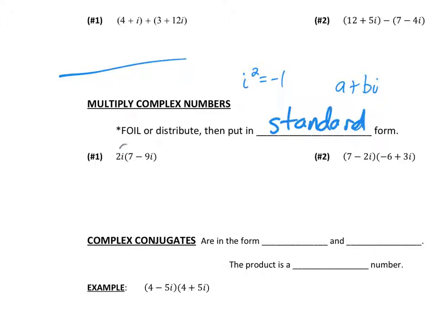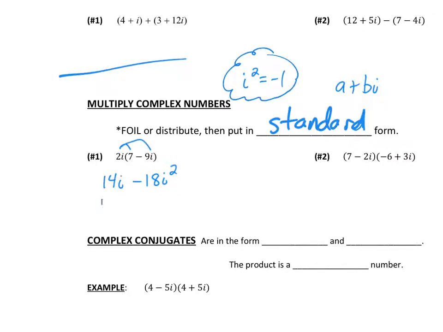So if we distribute number 1, 2i times 7 is 14i. And then 2i times -9i is -18i squared. Okay, so if we use what we learned yesterday, is that i squared is really -1.